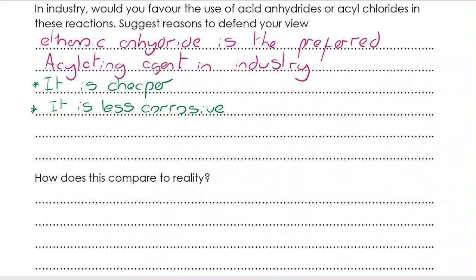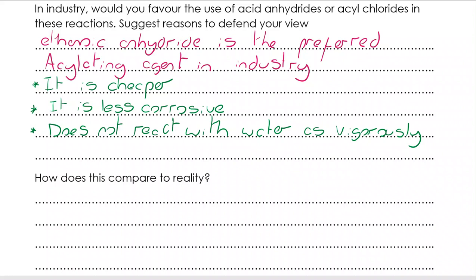That has more of an impact than you get with the two CO bonds in acid anhydrides. So it's less corrosive. It's a less vigorous reaction. Now, that does mean it will happen more slowly, but it also means it's happening more safely. So with acyl chlorides, it could be an incredibly dangerous reaction to do. So acid anhydrides take that danger away.